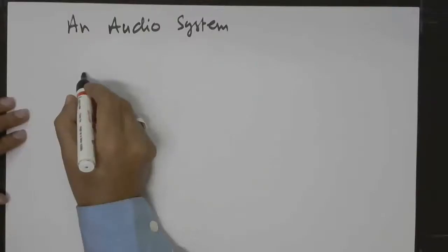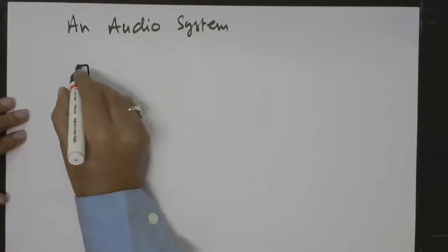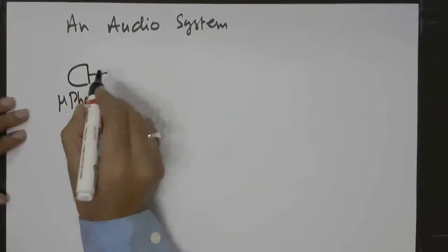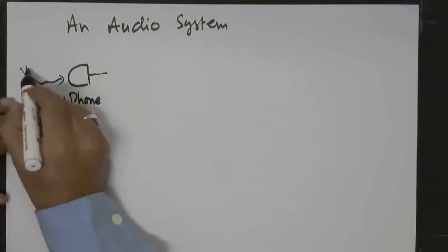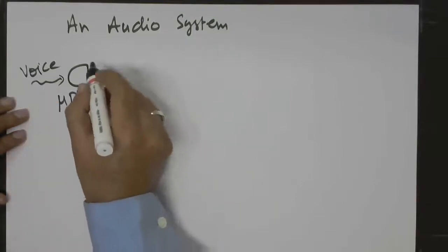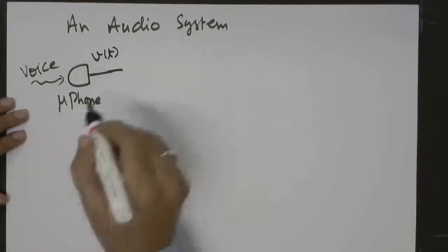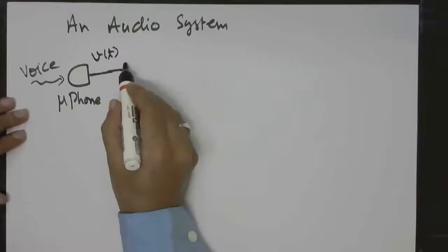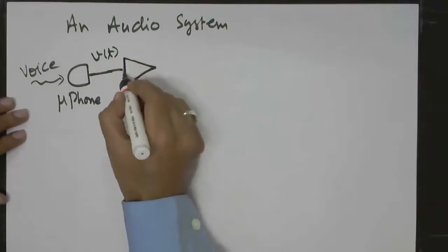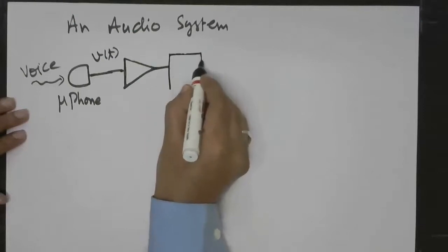At the first end, for example at my end, there is a microphone. This microphone is sensing voice, which is mechanical energy, and producing a time varying voltage. This voltage is going to be very weak. So what we will have to do is, first we will have to enlarge it and then do some filtering.